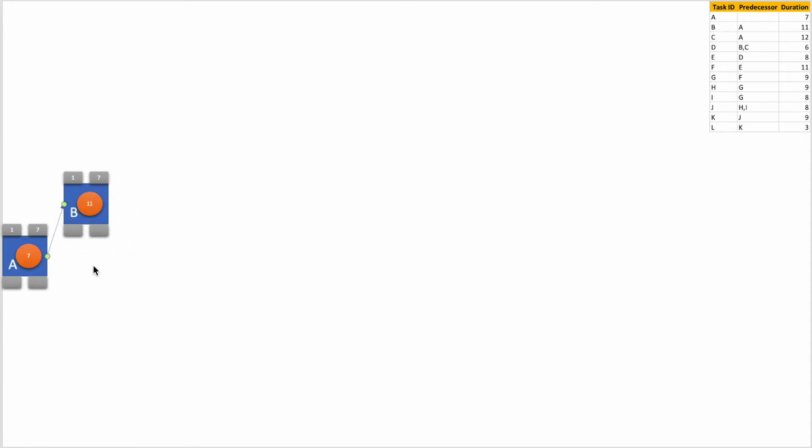So activity B starts after activity A finishes. So activity B's early start should be 7 plus 1, 8. That is, on the day activity A finishes, the next day activity B should start. So now we can calculate the early finish of activity B, that is 8 plus 11, that is 19, minus 1, that is 18.